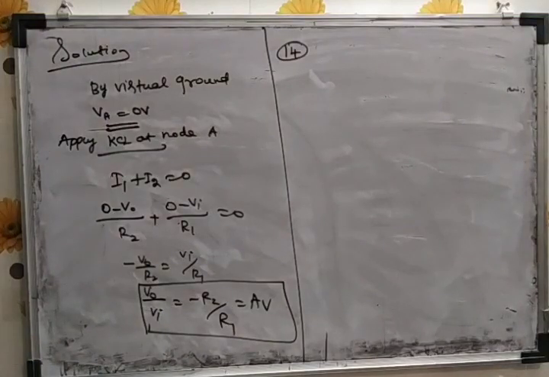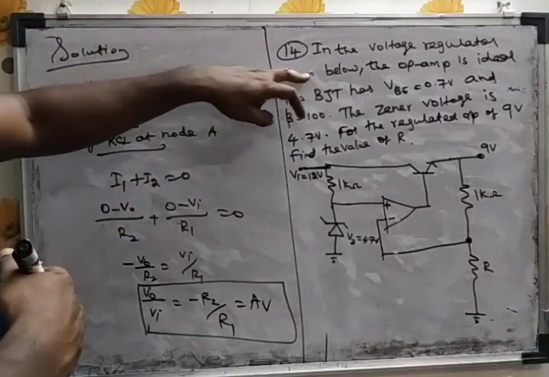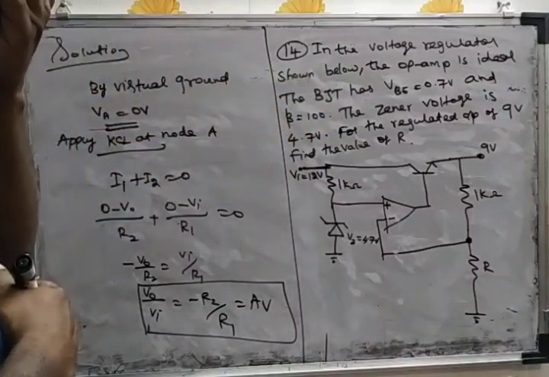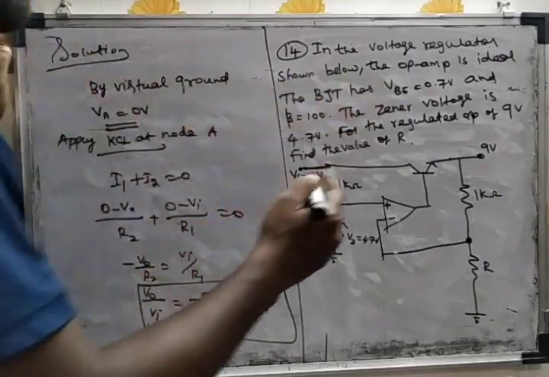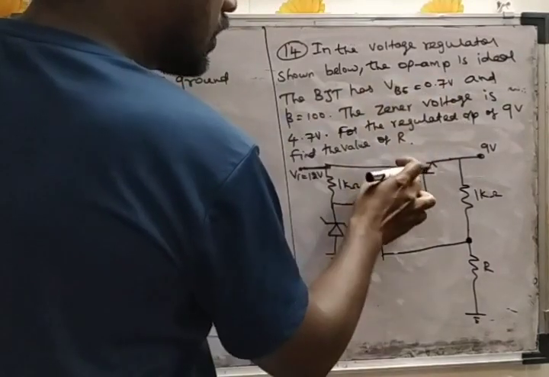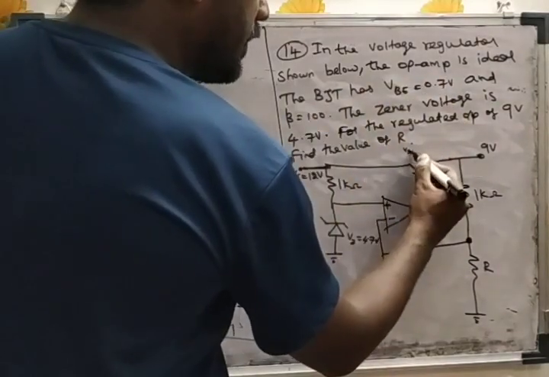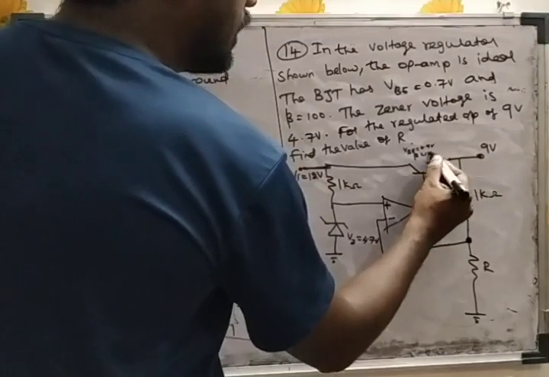So next question. In the voltage regulator shown below, the op-amp is ideal. The BJT has VBE equal to 0.7 volt and beta equal to 100.